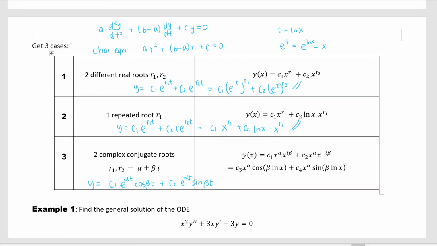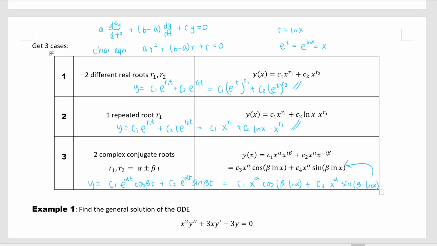Now we group the e and t together, so we get c1 x to the alpha cosine of beta, but t is ln of x. And then we have c2 x to the alpha sine of beta, where t is ln of x. That's why we get this new formula.